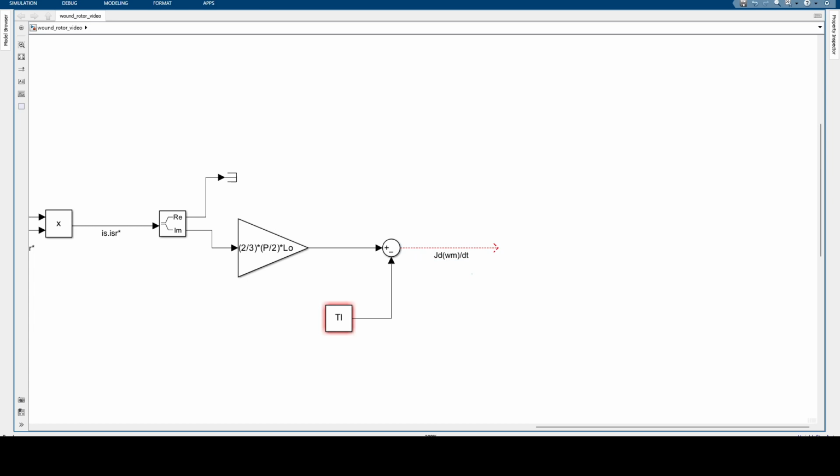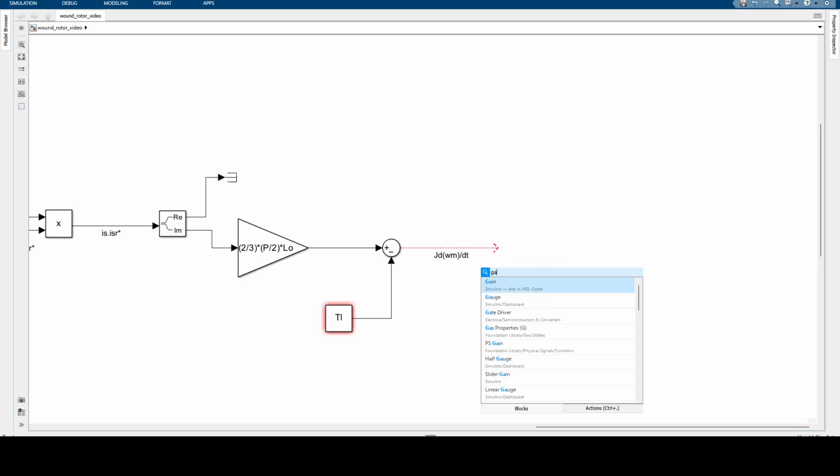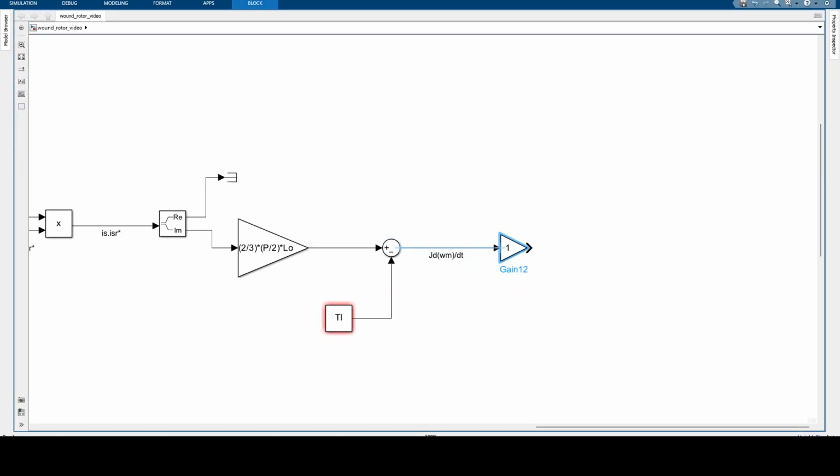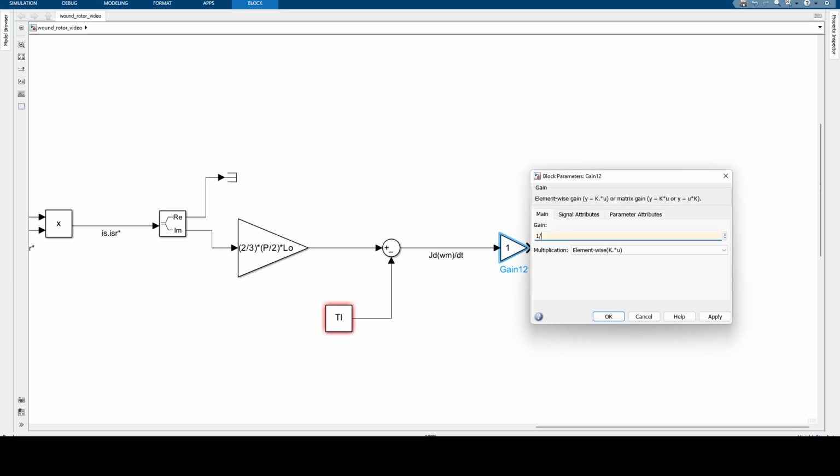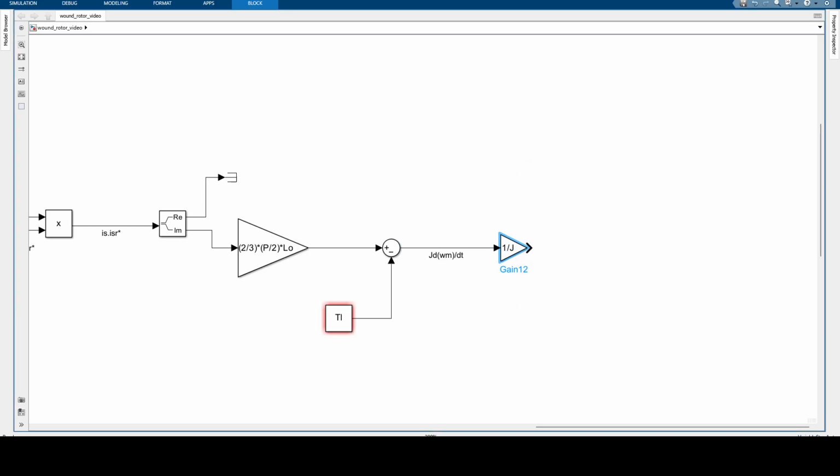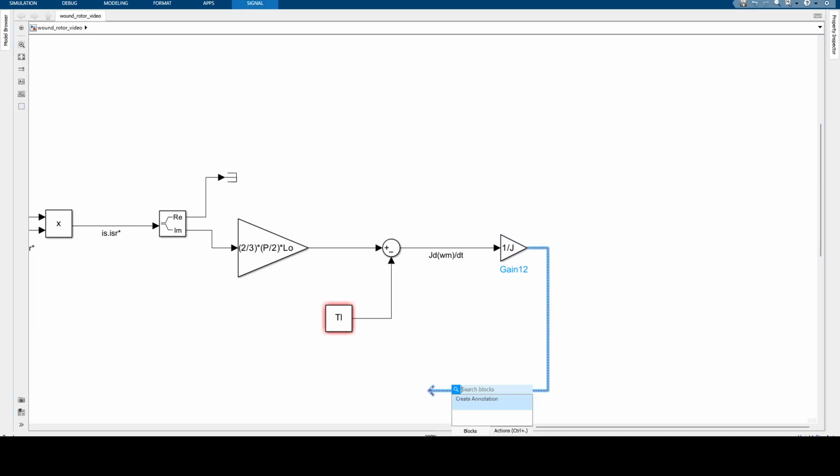Now we only want the d omega m dt, so we divide this by J, 1 over J. And now here we have our d omega m over dt.